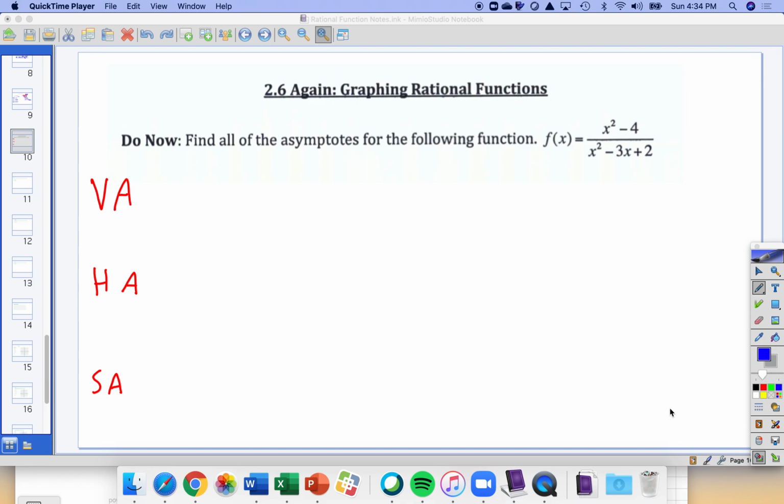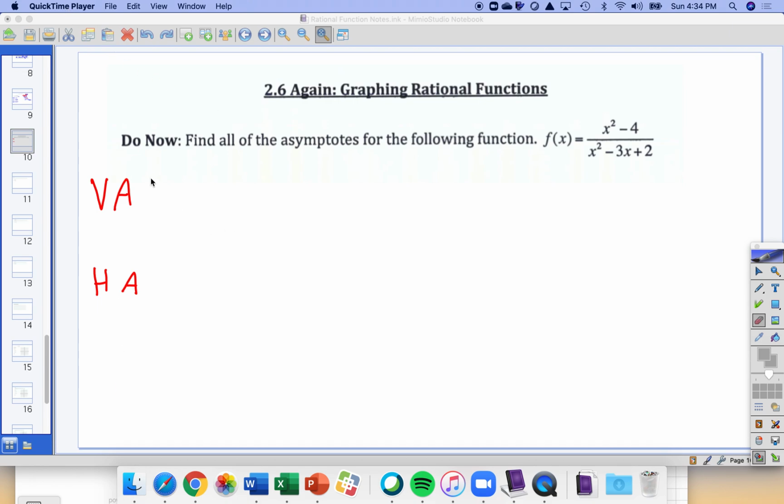Let's first look at the degree of my numerator and the degree of my denominator. Because they are both 2, we are not going to have a slant asymptote. That's because a slant asymptote only occurs when the degree of my numerator is exactly 1 bigger than the degree of my denominator. So we will not have a slant asymptote.